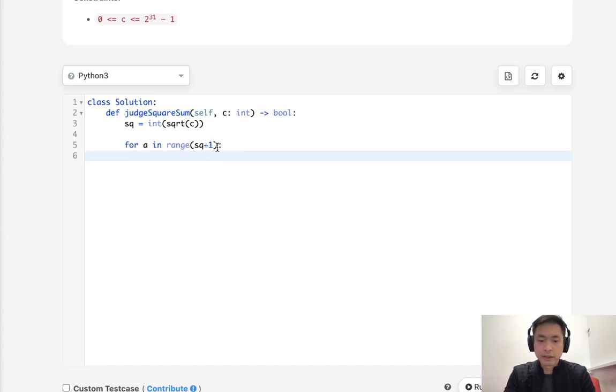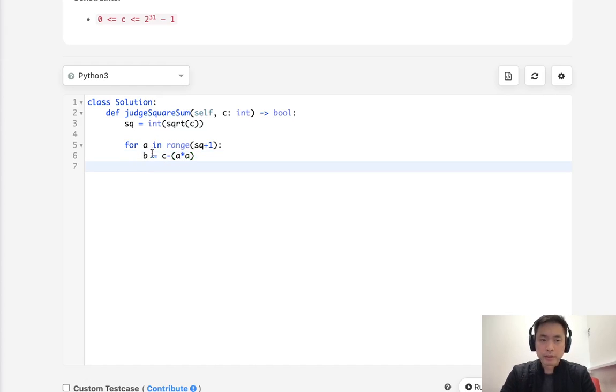And we know it has to be an integer, right? So what we might do here is say, let's calculate the b, which would be b equals c subtracted by a times a.